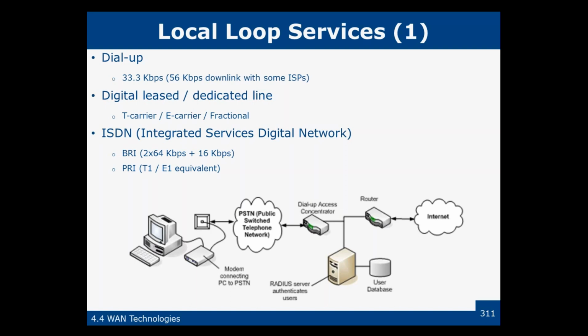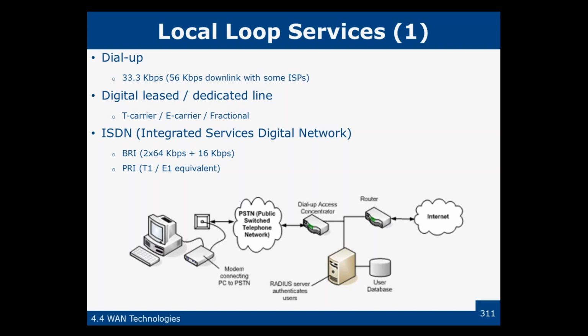A fractional is where we would buy part of a T1, T2, T3. A T1 is 1.544; with a fractional T1 we might have 500 or 600 or 700 or 800 kbps instead of the full 1.544 meg. ISDN, we have BRIs and PRIs. The BRI is 128K and it is a digital system.